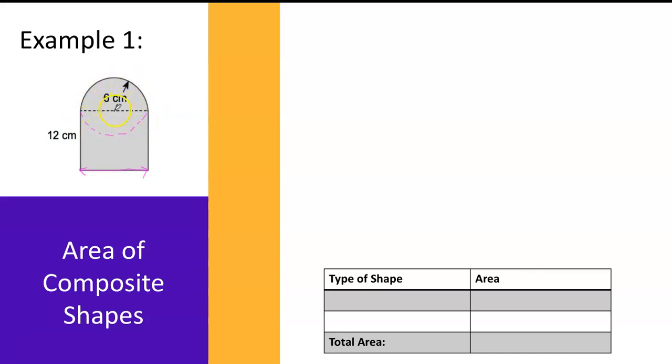Then I realized that this is the center of the circle, and the distance from the center of the circle to the edge of the circle is the radius. So the radius of this circle is 6 centimeters. That piece of information is very helpful because if the distance from here to the edge is 6 centimeters, well, the distance from here to the edge is also 6 centimeters. This distance is also 6 centimeters.